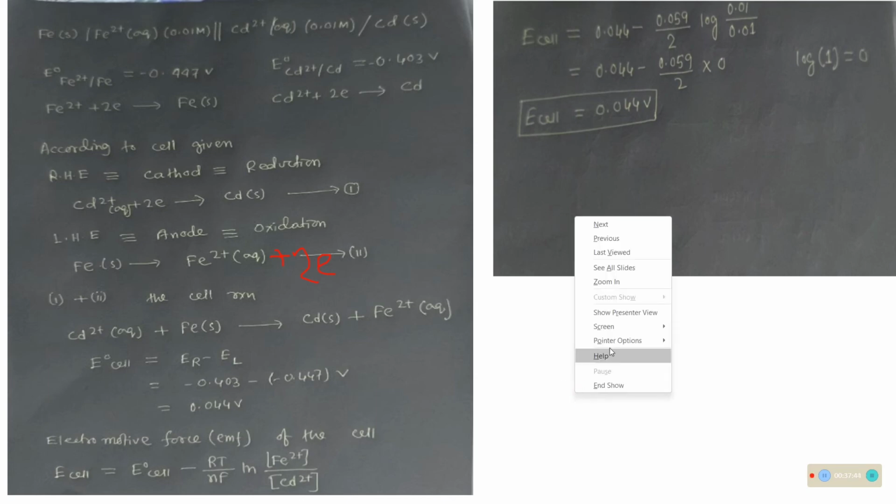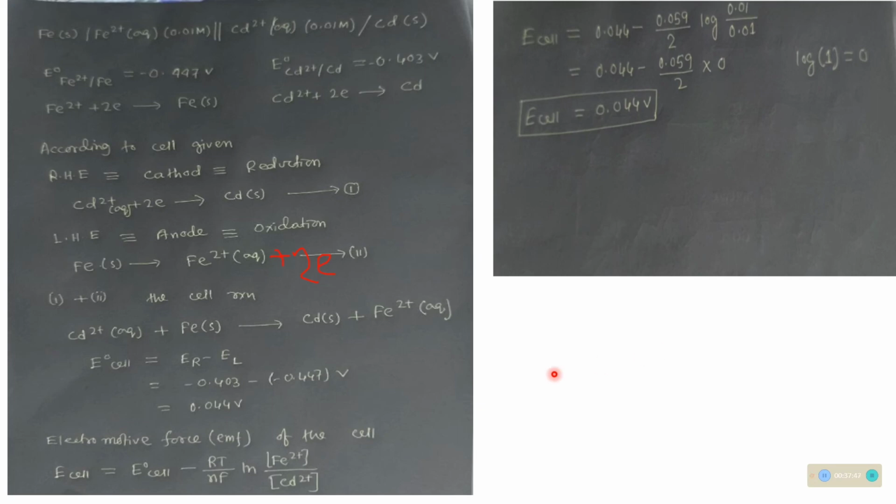So if we add reactions 1 and 2, the reduction reaction happening at the cathode and the oxidation reaction happening at the anode, then by adding these two reactions we will get the cell reaction given here.